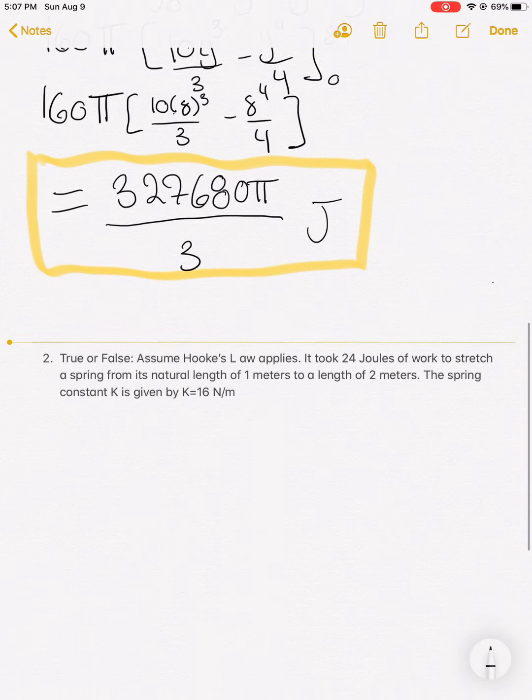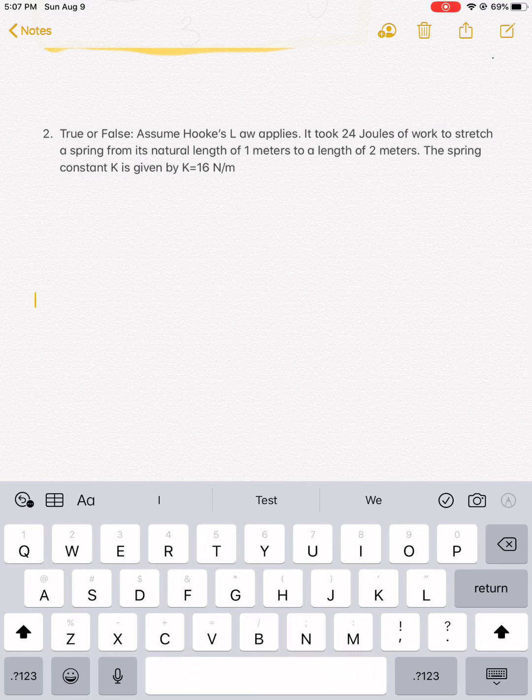Moving on to the second question, which is true or false. Assume Hooke's law applies. It took 24 joules of work to stretch a spring from its natural length of 1 meter to a length of 2 meters. The spring constant K is given by K equals 16 newtons per meter. So, Hooke's law has an equation, and it is this.